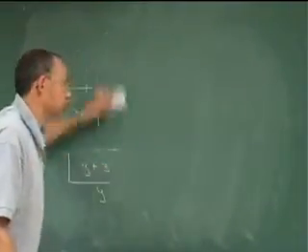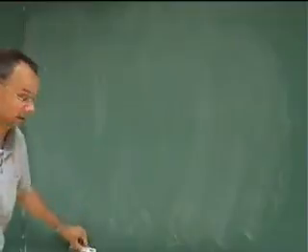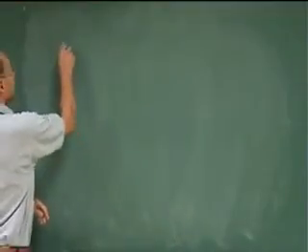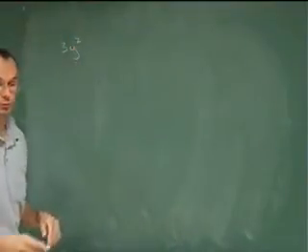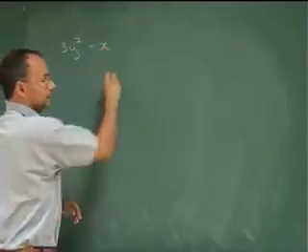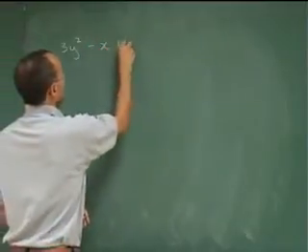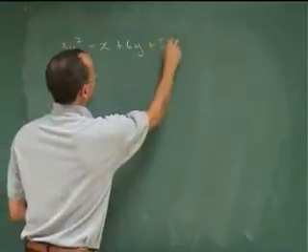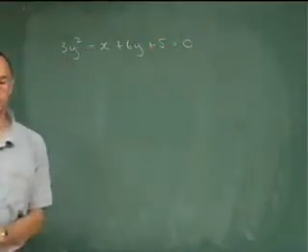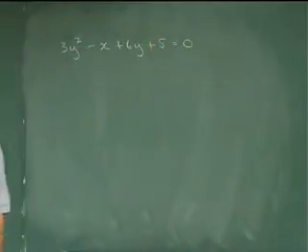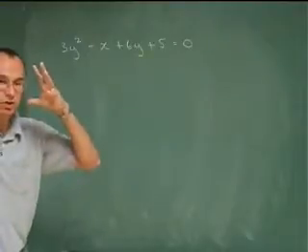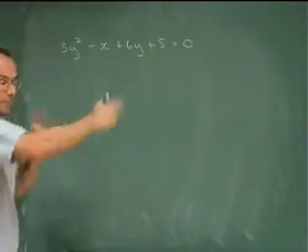Of course, I'm going to throw in some twists and turns. Got to expect these things. 3y squared. Ooh. Minus x plus 6y plus 5 equals 0. Now again, I like to get a bit of an image before I start trying to mess around with it.